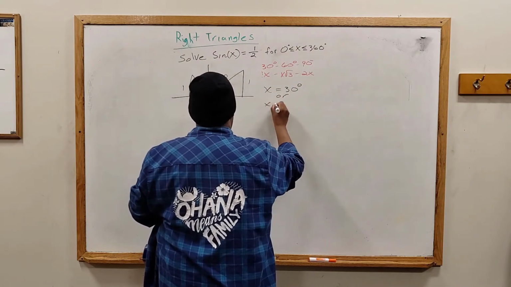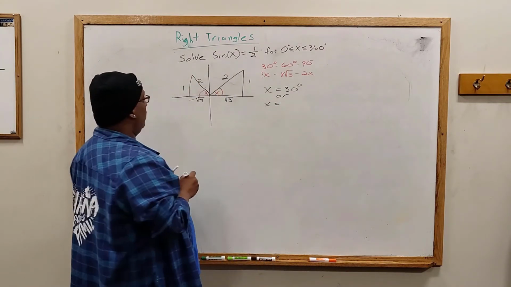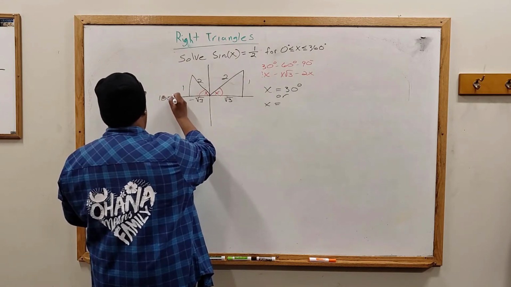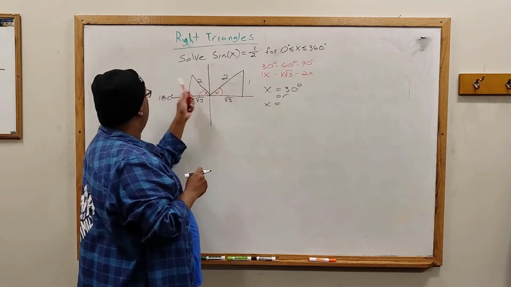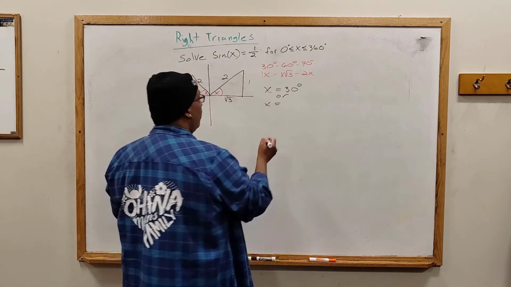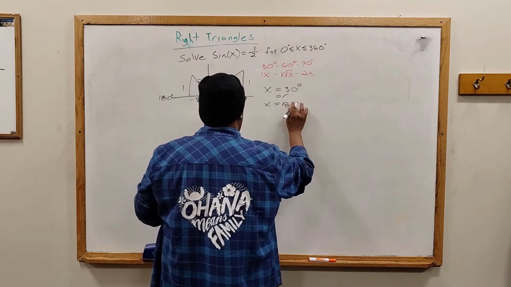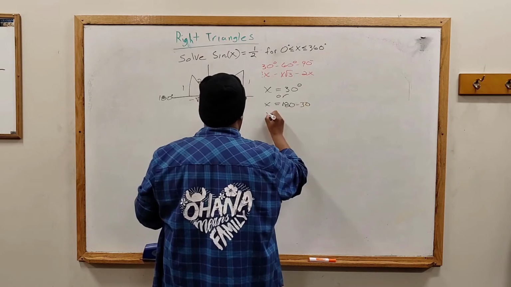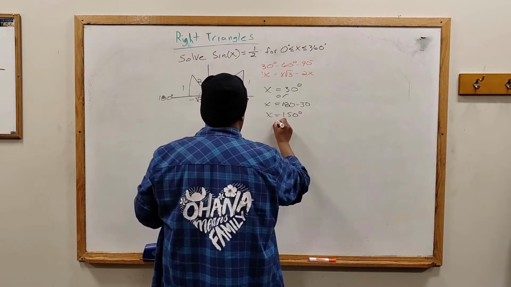Or, x equals, coming over here, this would be 180 degrees. So we're coming up 30 before 180. So 30 less than 180 is 150. X equals 180 minus 30, x equals 150.